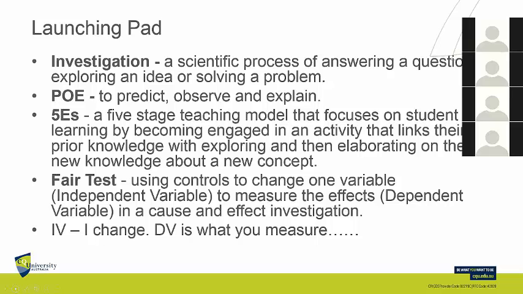And again, it comes out of Primary Connections and is a very popular model here in Australia. And the whole notion of why do we do science? Well, we do science to derive a fair test, a principle that basically says if we control for one variable and we measure the effects of another variable, what does that mean for our understanding of science? So it's a whole notion of a fair test.